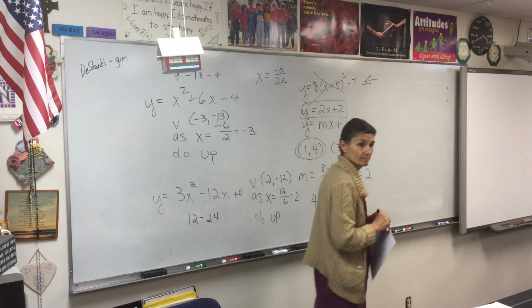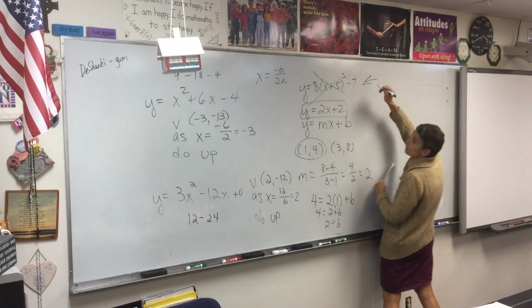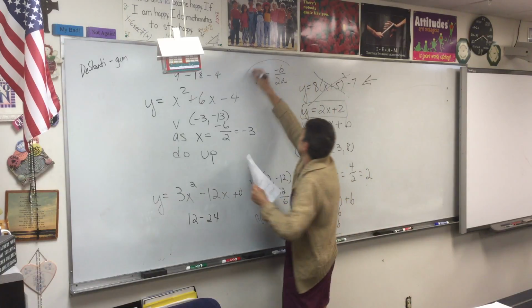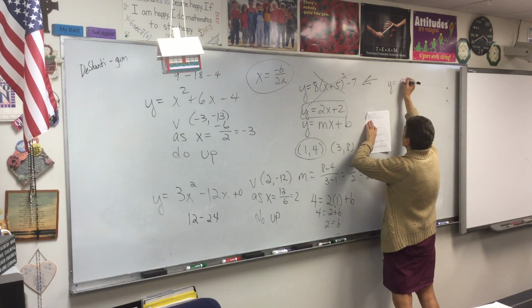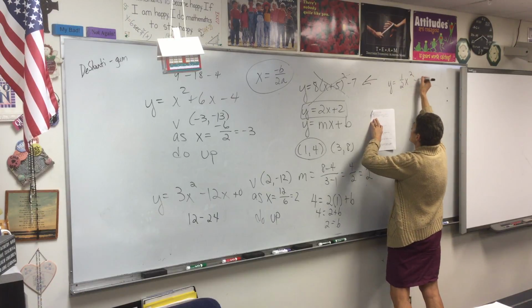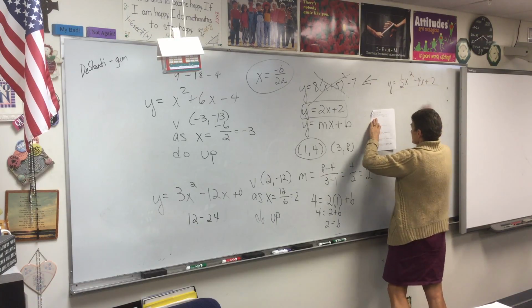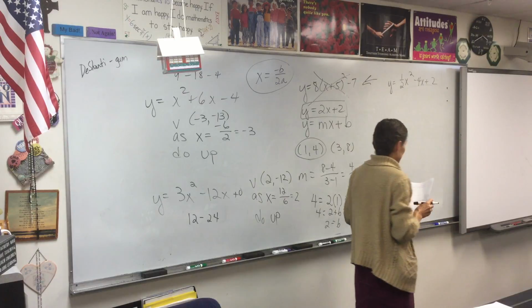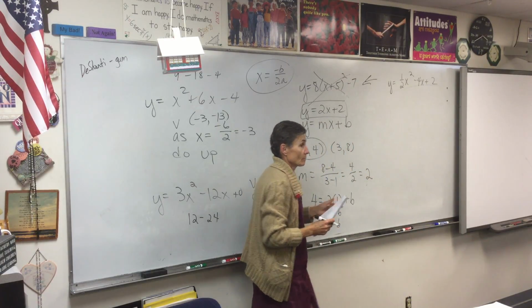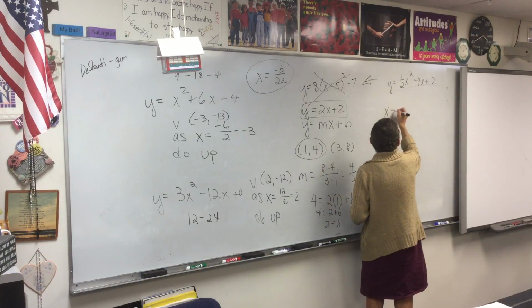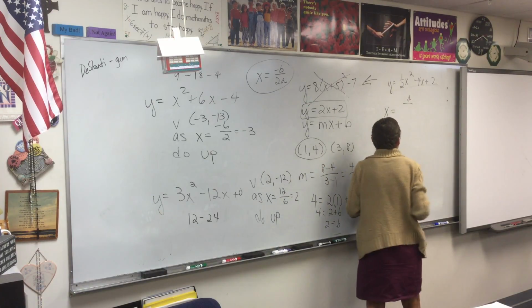X equals negative B over 2A. So here we go. X equals negative B over 2A.